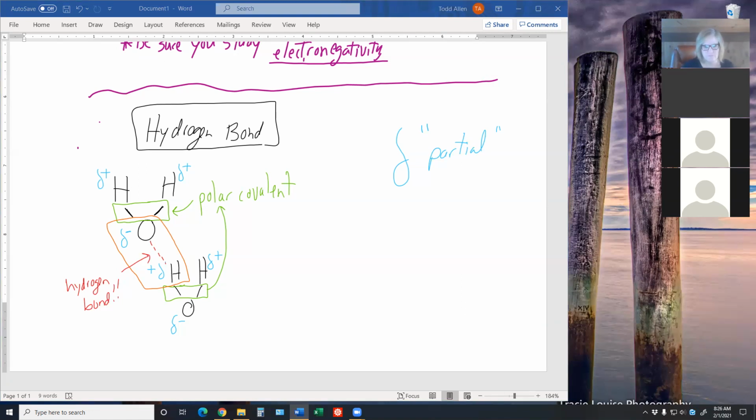Please give me some feedback. Is the hydrogen bond between atoms of the same water molecule or between atoms of two different water molecules? What do you think, folks? What do you say?